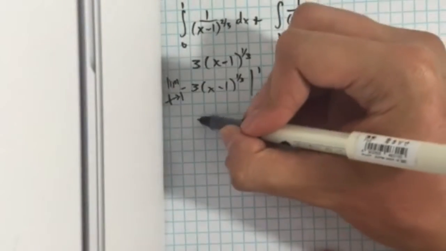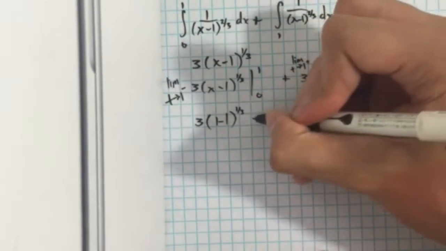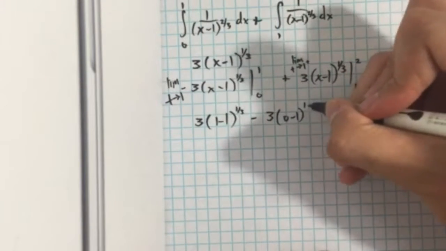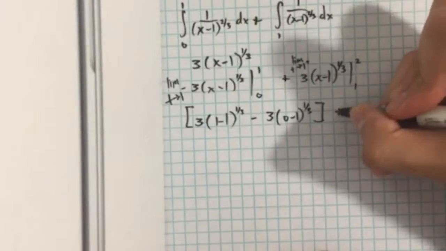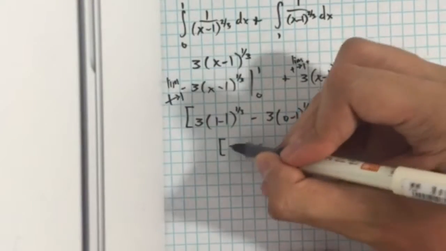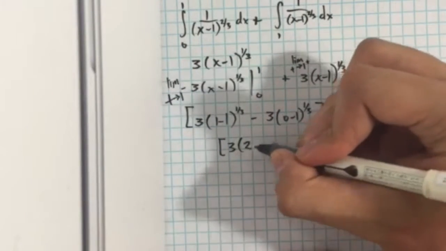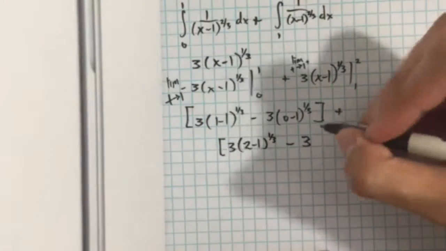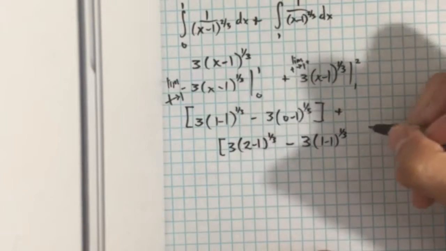Next, we'll get 3 times 1 minus 1 raised to the 1/3 minus 3 times 0 minus 1 raised to the 1/3. Group those functions plus 3 times 2 minus 1 raised to the 1/3 minus 3 times 1 minus 1 raised to the 1/3.